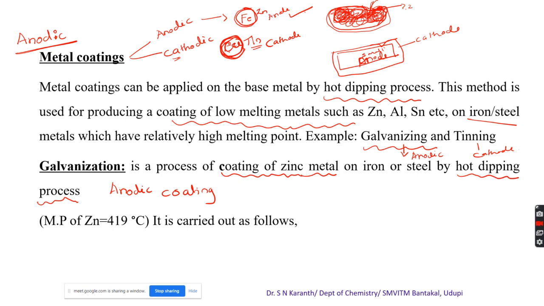For cathodic coating, a good example is tinning, a coating of base metal with tin, again by the hot dipping process. But in your syllabus, it is restricted only to galvanization.